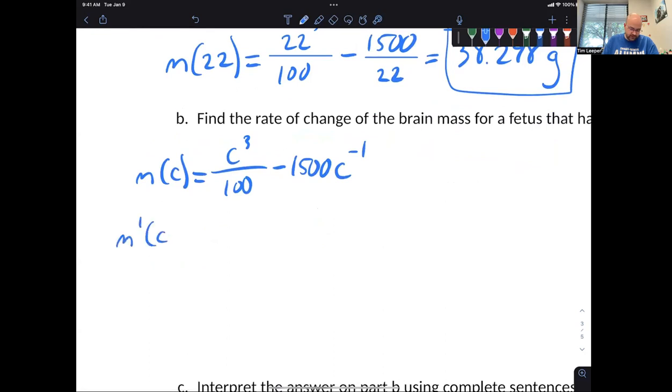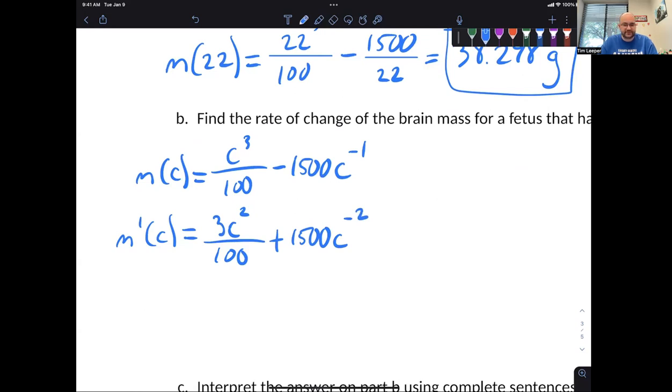Now, finding the derivative here, M prime of c. If I take the derivative, the 3 goes down in front, making 3c squared over 100. And then minus, well, technically plus, because negative 1 times negative 1500 is a positive 1500. And then c to the negative 1 minus 1 is negative 2.